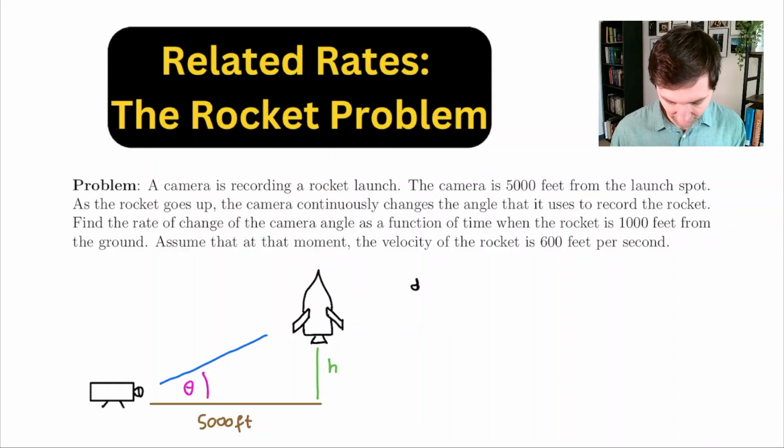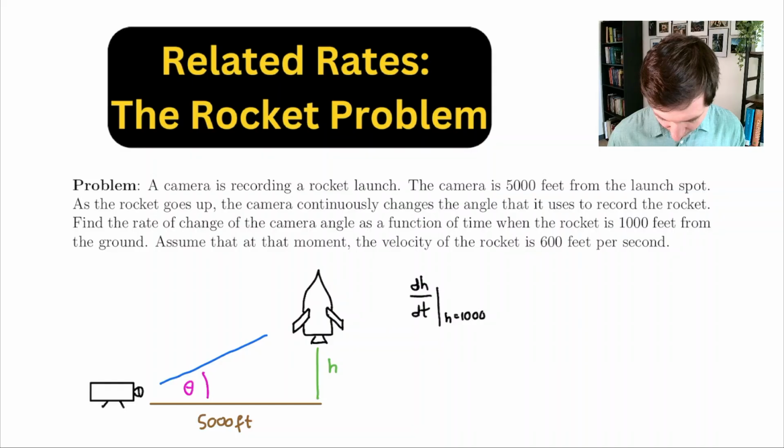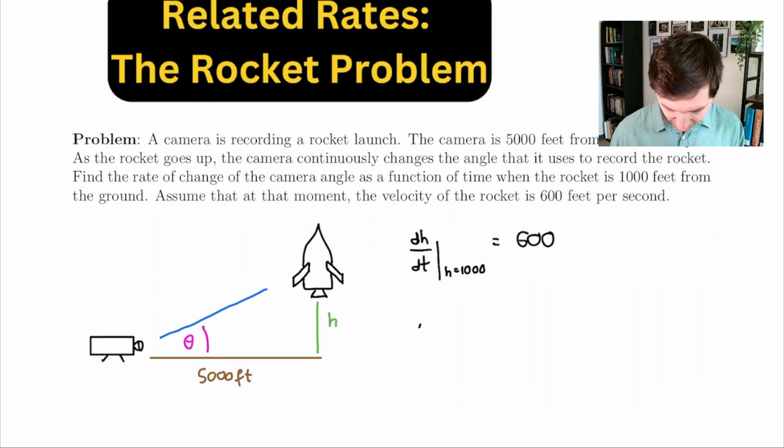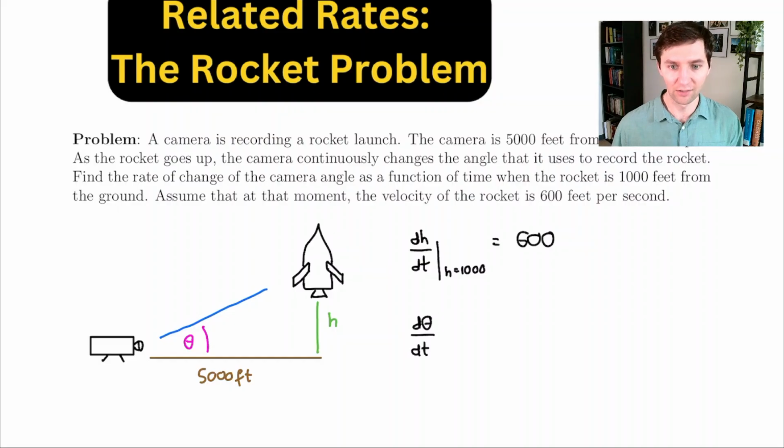We know that the derivative of h with respect to time whenever h is 1,000 feet is 600 feet per second. But I will suppress the units for now. I am interested in how fast the angle is changing at that moment. I am interested in d theta dt whenever h is 1,000.